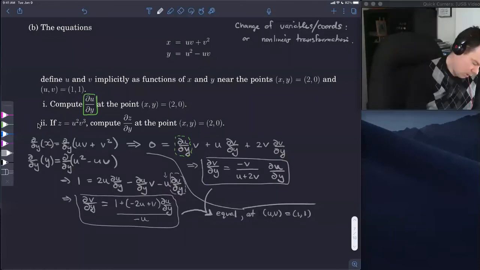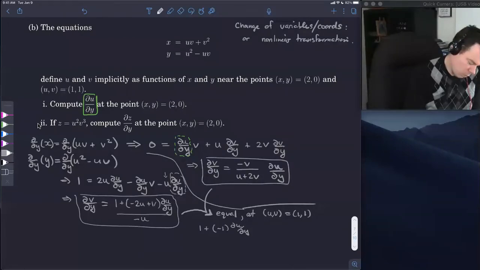We get the following: 1 plus negative 2u plus v, so that's negative 2 plus 1, so that's negative 1, times du dy, all over negative u.